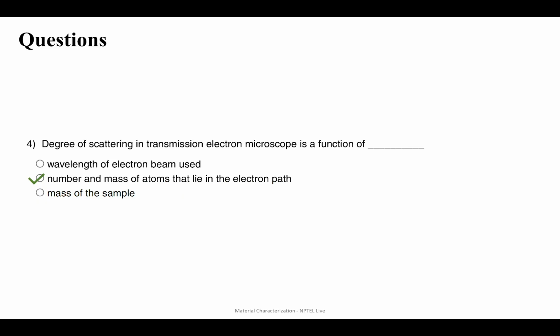The correct answer here is the number and mass of atoms that lie in the electron path. That will affect how much scattering is occurring.